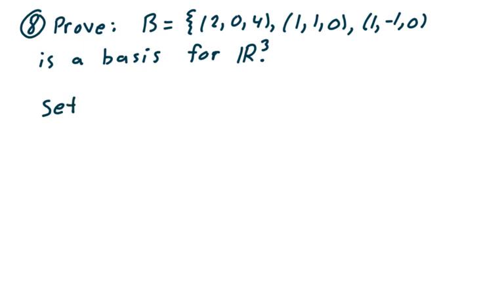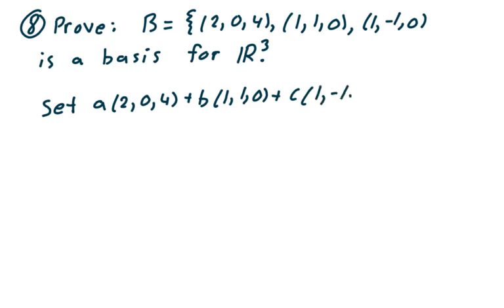Now, set A times (2, 0, 4) plus B times (1, 1, 0) plus C times (1, -1, 0). We're going to set that equal to the 0 vector. Now, from here, we can say 2a plus b plus c equals 0.